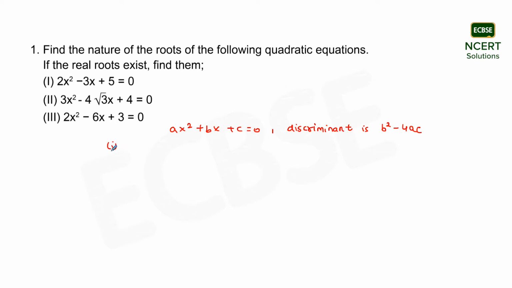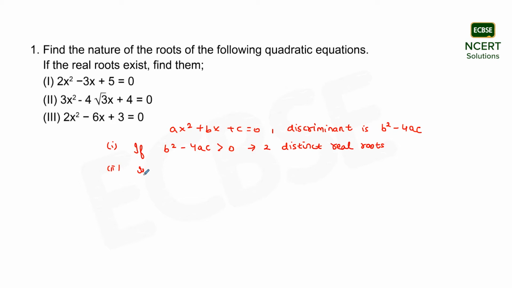Now, the next step: if b square minus 4ac, that is the discriminant, is greater than 0, then two distinct real roots exist. This means if for any quadratic equation the discriminant comes out to be greater than 0, then we will definitely obtain two distinct real roots from that equation.